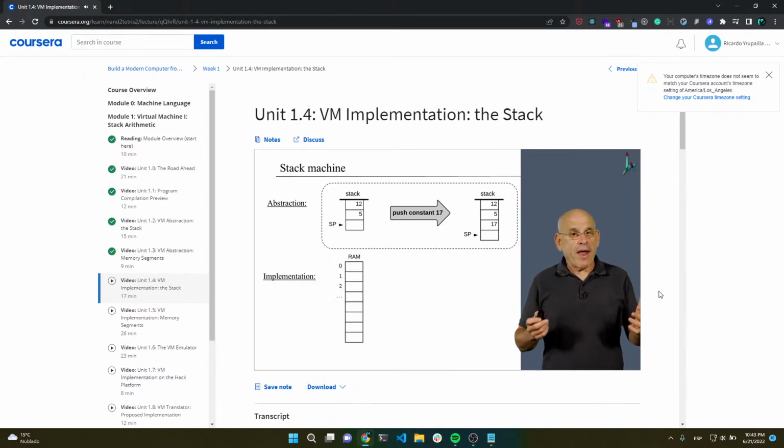So here's the host RAM that we are going to use. And we're going to make two important assumptions. First of all, the stack pointer is going to be stored in RAM 0.